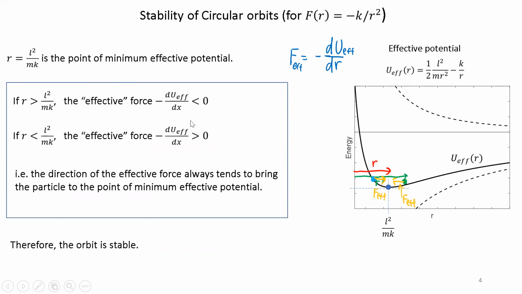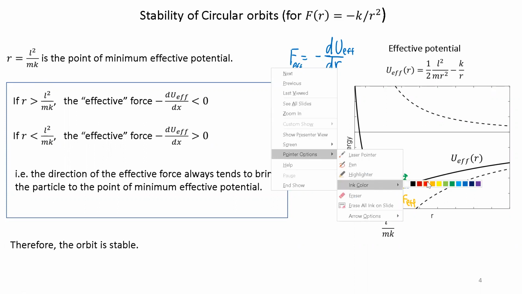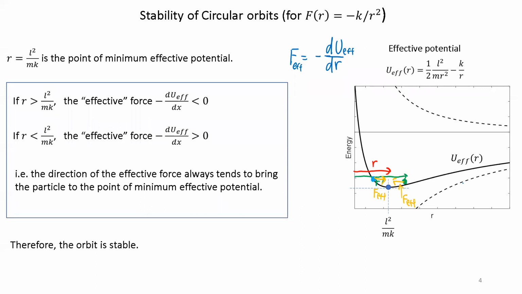One thing to notice is that in this picture, it seems that the R is always fixed here. So how do I get to another circular orbit that is not at this position? That requires you to actually change the angular momentum of your system, because, as I said in the beginning, once you fix the angular momentum, you get one R. If you want a bigger R, you need to give me a bigger L. And when you give me the bigger L, the whole effective potential curve has already changed.